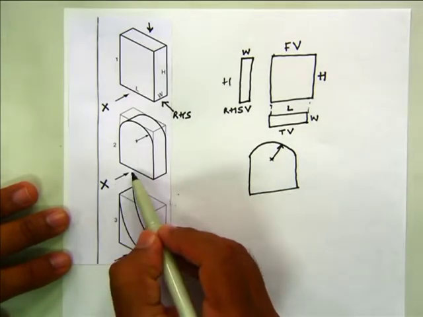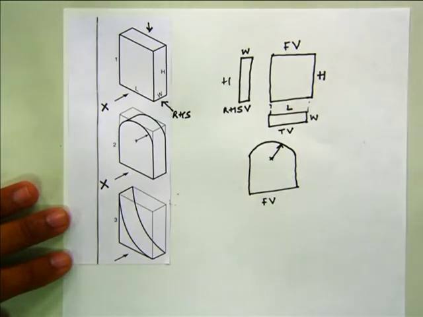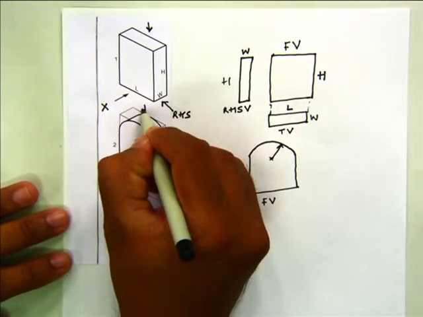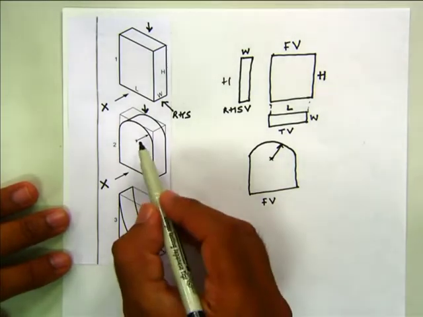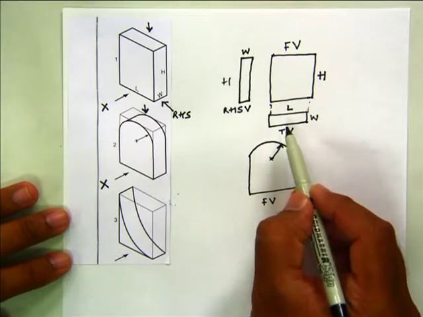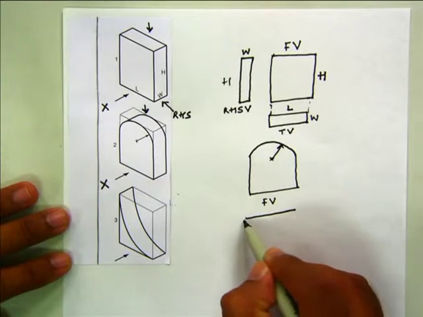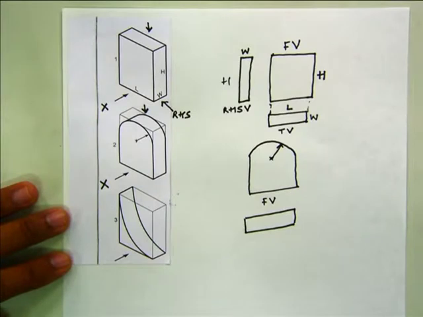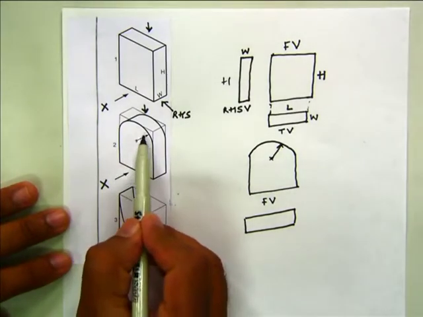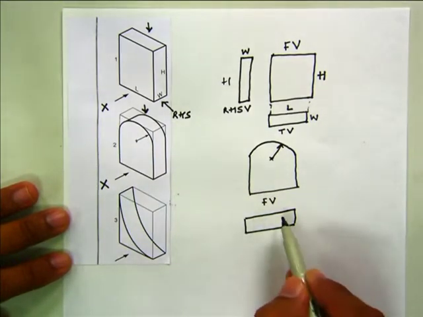When you are viewing from the top, you can have the same view as this rectangle, because this curvature looks like a straight line.